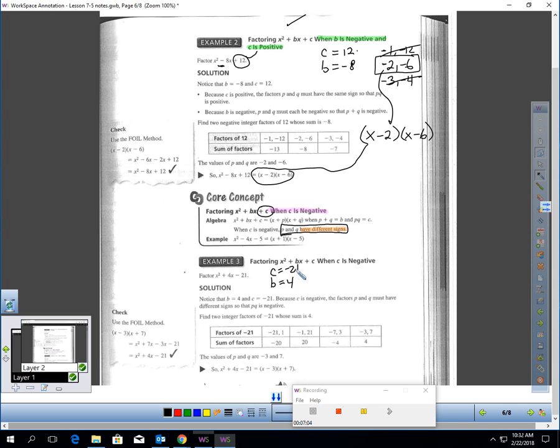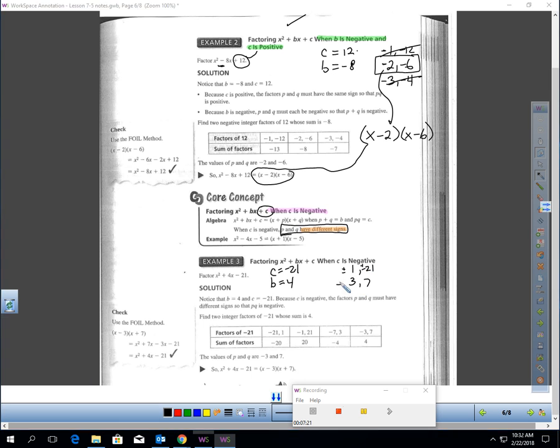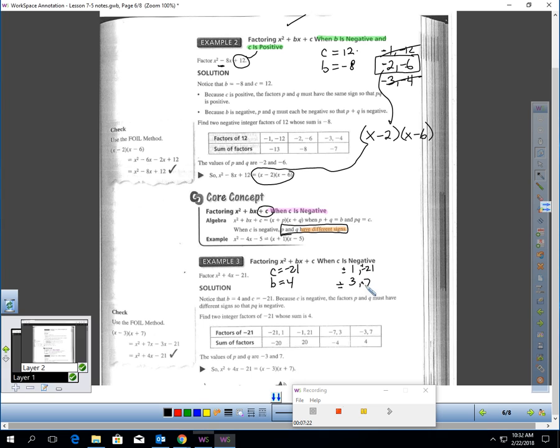So my factors must have different signs. So I could have 1 times 21 is 21, so I could have negative 1 or negative 21. I'm just going to put plus minus, plus minus. 3 times 7 is 21, plus minus, plus minus. Okay, so let's try.